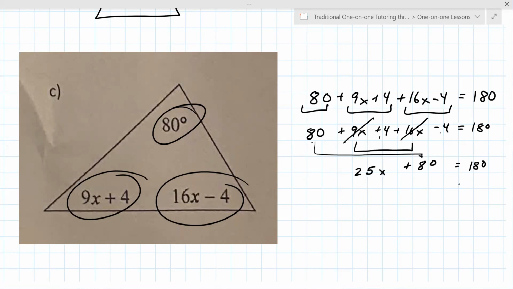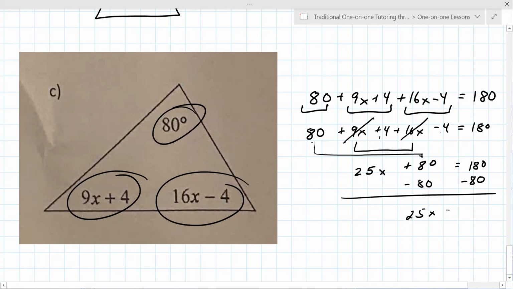Oh, x equals 5. Okay, so I'm going to subtract 80 from both sides. I'm just checking your work here. So 25x equals 100. Divide by 25 on both sides.